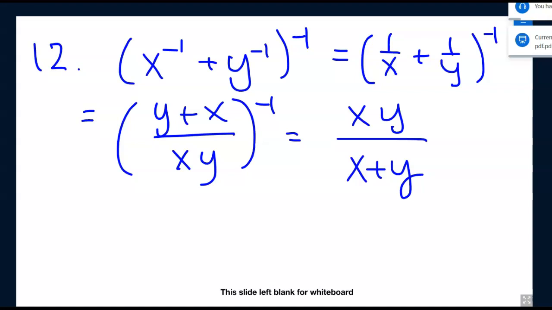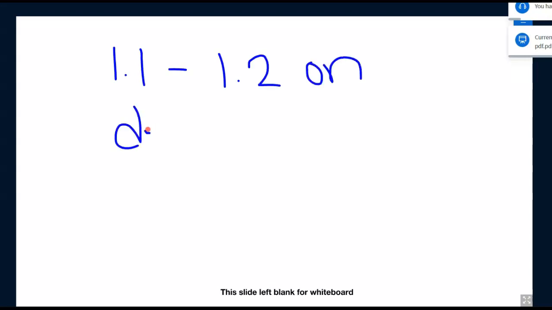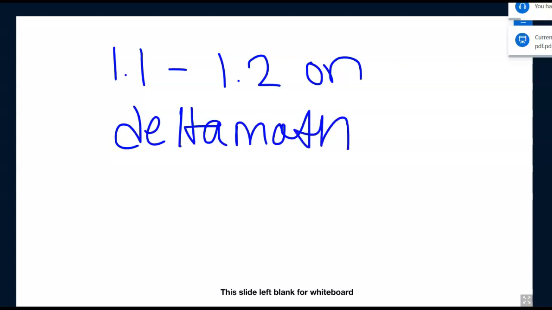Good? Lots of exponent practice. So that kind of sums up the remainder of what we're looking at. So for today, tomorrow, the weekend, you have the 1.1 to 1.2 on delta. And that will auto-grade itself. I'll go back and have to maybe check through some things.